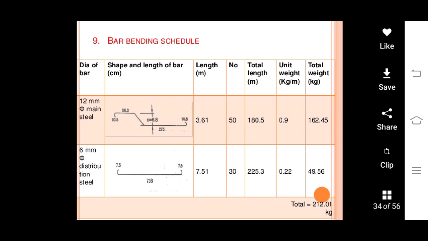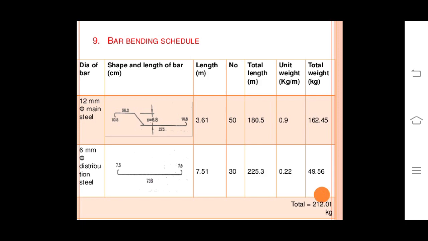The hook length is provided at both ends, and the total length, which was calculated in the earlier session, is 3.61, total numbers 50, total length of bar is multiplication of length and number, that is 180.5, and unit weight is 0.89. The total weight required for 12 mm bar is 162.45.